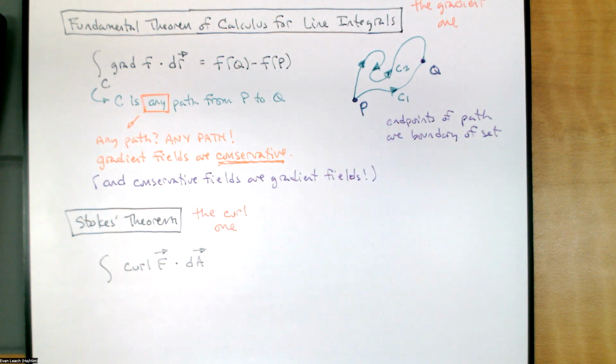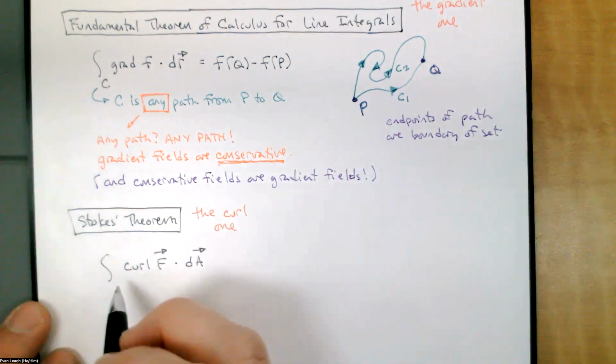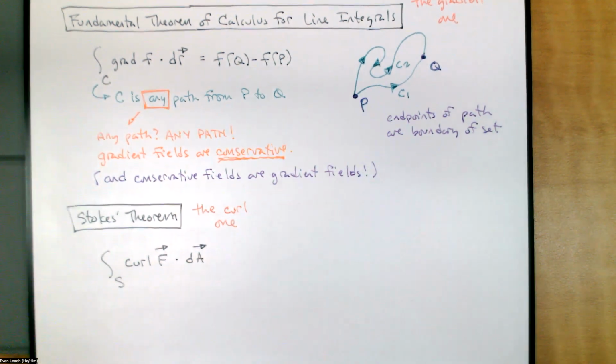So just by what I've written down here, we can see the set over which we are going to be doing this integral. This is the integral of the curl of f dot dA. I've switched up from dr to dA, which means we are not going to be integrating over some curve. We're going to be integrating over some surface S.